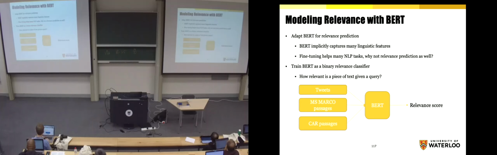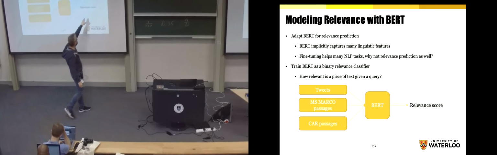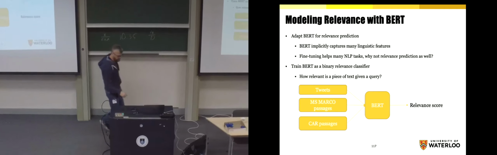It's basically memorized Wikipedia and internalized how language works from that, and tells you, yes, this is the correct thing. So for relevance, we're going to train it as a binary classifier. We're saying here's a query and here's a piece of text, how relevant is one to the other, and we'll score this, and we'll see that the scores change.